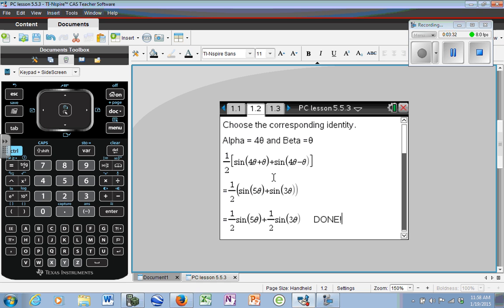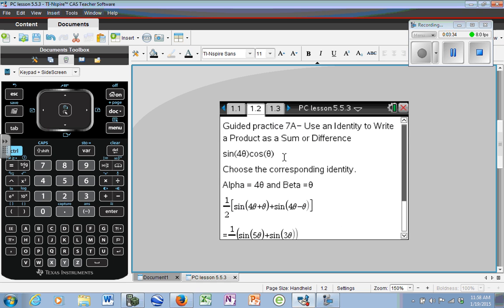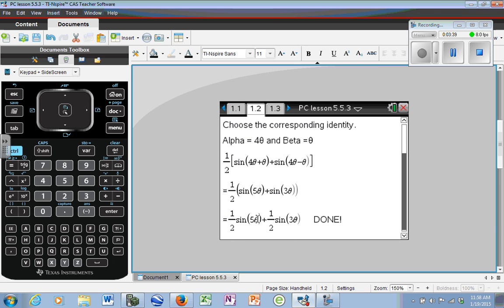We just turned this product, something times something, into something plus something. And that simplifies things a bit. If we knew what the angle was, we just plug it in, multiply it by 5, multiply it by 3, do the math, and you get an answer. But for that one, you don't have to do all that. They just ask you to write it as a sum instead of as a product.